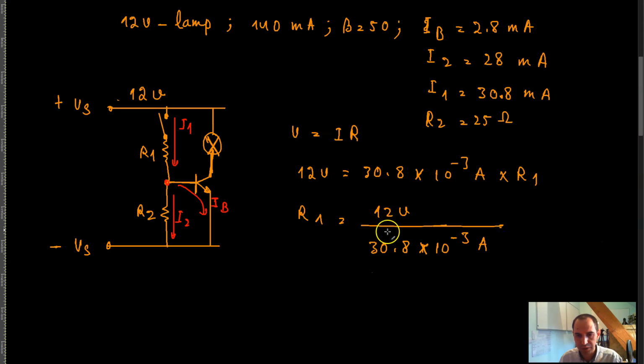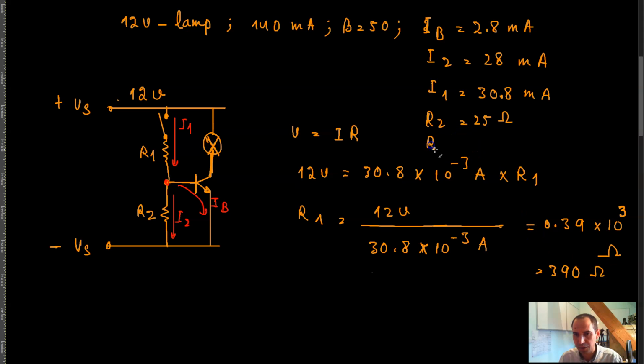And what is that? We can calculate it on the calculator. 12 divided by 30.8 is 0.39, let's say. 0.39 into 10 raised to the power 3 ohm, which is equal to 390 ohm.